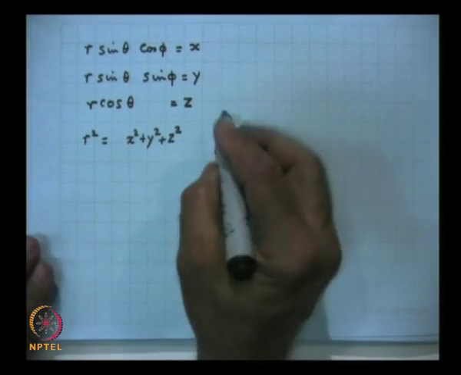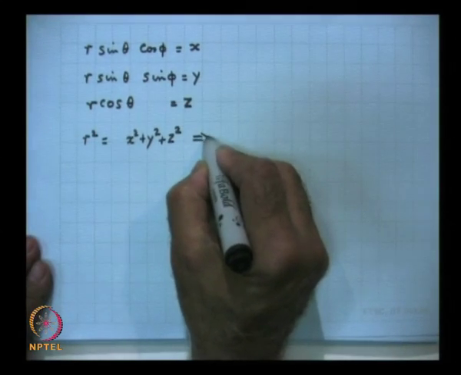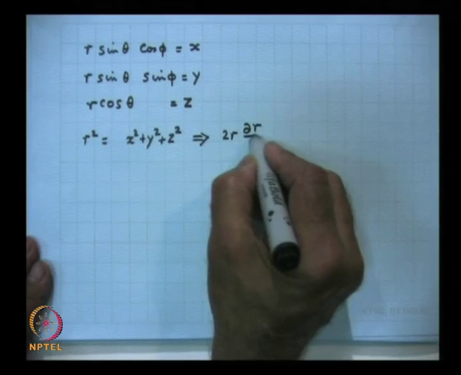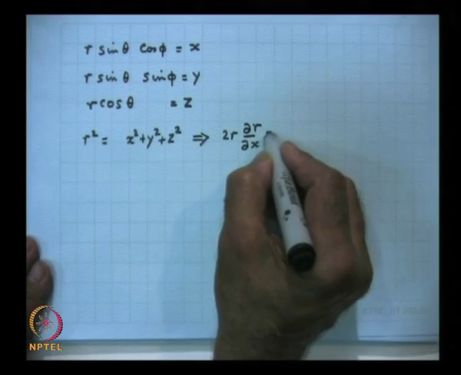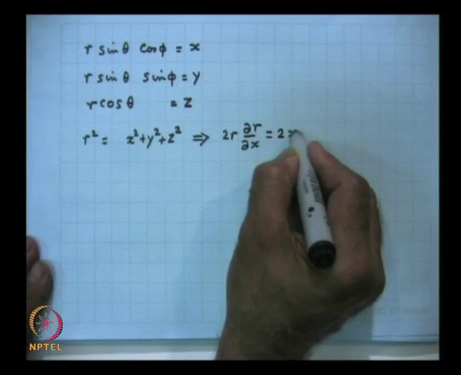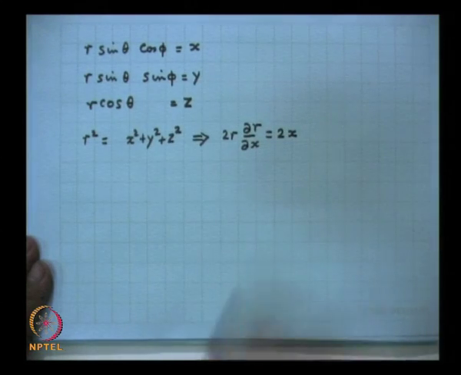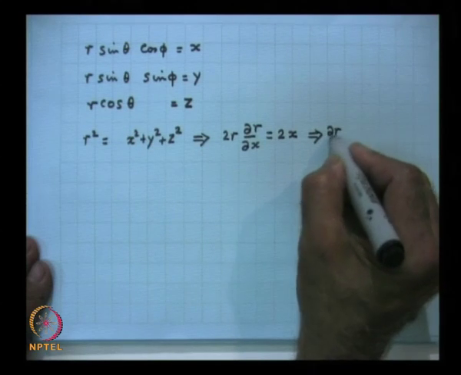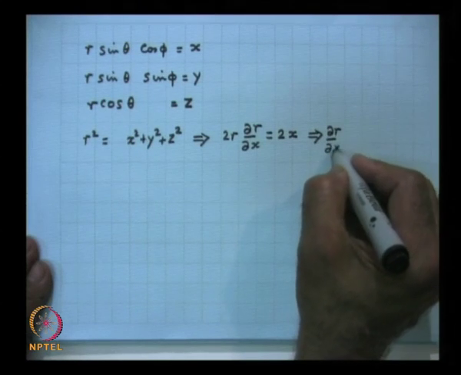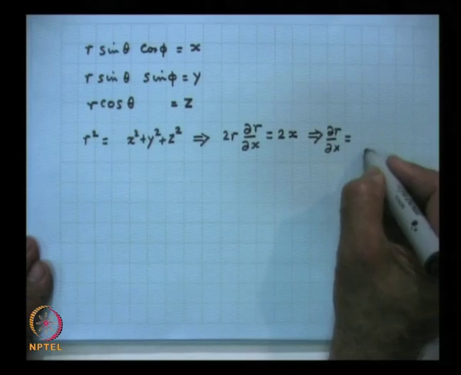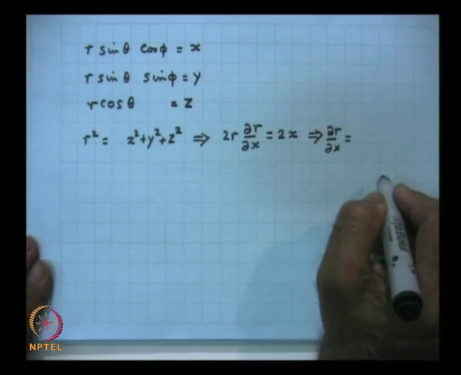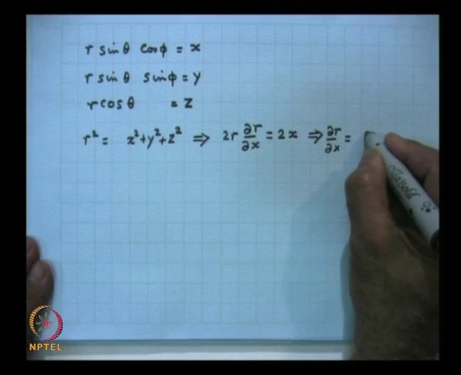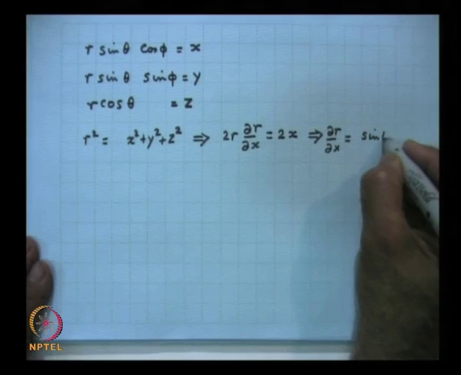If I differentiate with respect to x, it becomes 2r delta r by delta x is equal to 2x. Therefore, delta r by delta x will be equal to x by r, but x is equal to r sin theta cos phi, so this will be sin theta cos phi.